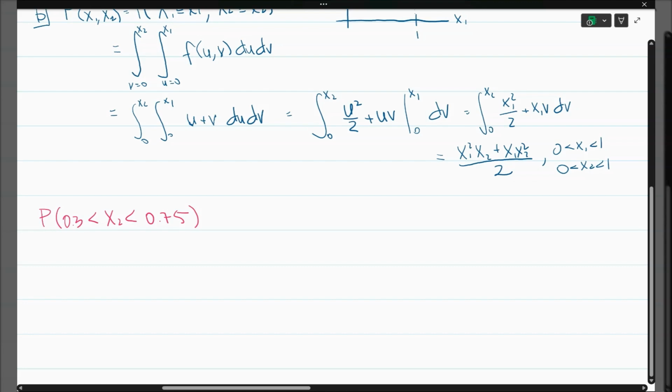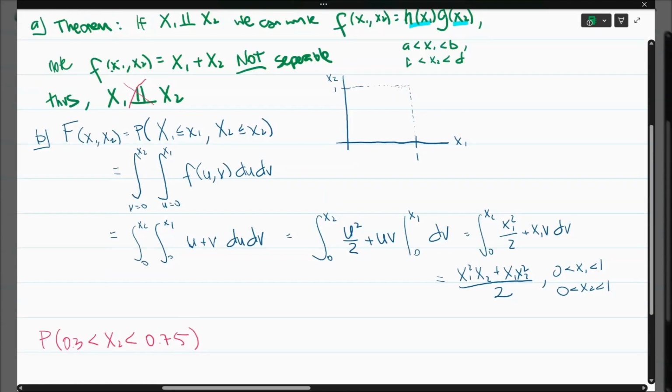If we look at that region here, x2 goes from 0.3 to 0.75, so we're looking at the space in between these two. Now, if I look at less than 0.75, that's down here, right? And what's x1 doing? x1 is less than 1 always.